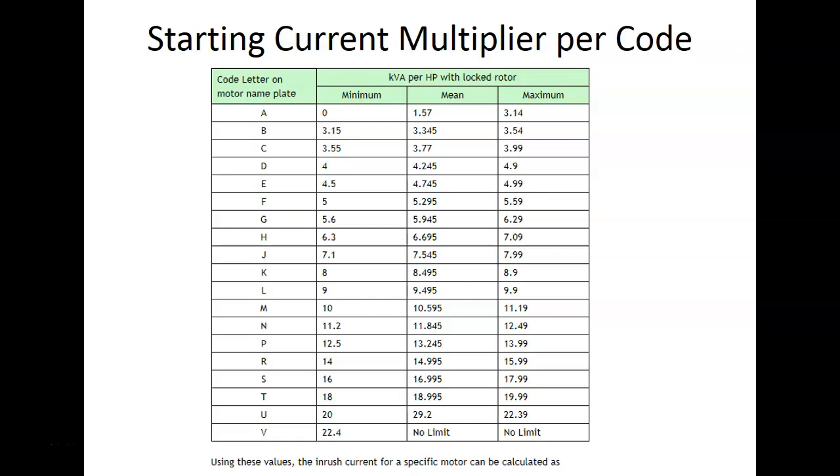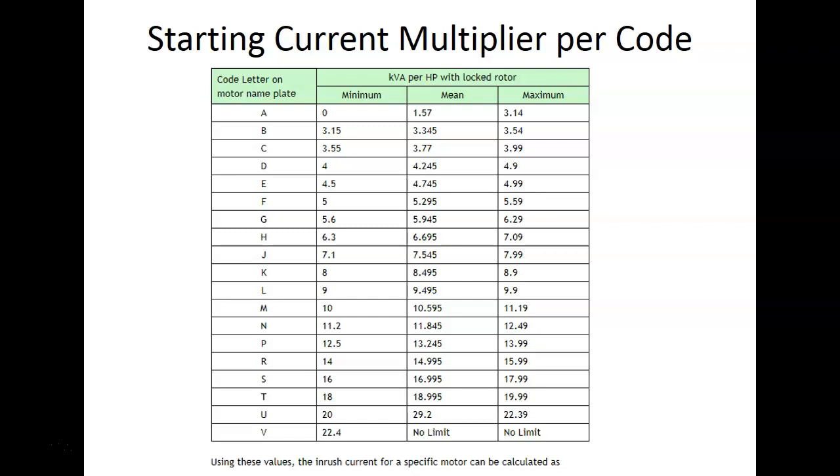These are multipliers. If you got a U motor on it, this guy right here will take 22.93 to 29.2 times the amount of starting current. This is minimum. This is maximum. And this says it's the mean, but that doesn't work out right, does it? No, this is a chart. So this guy can't be memorized.